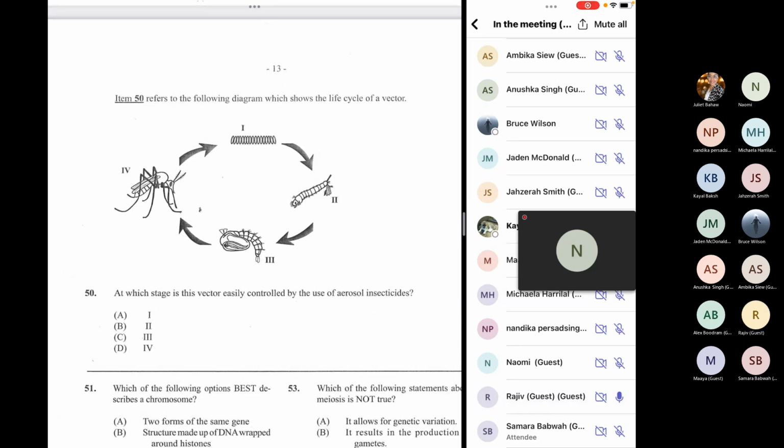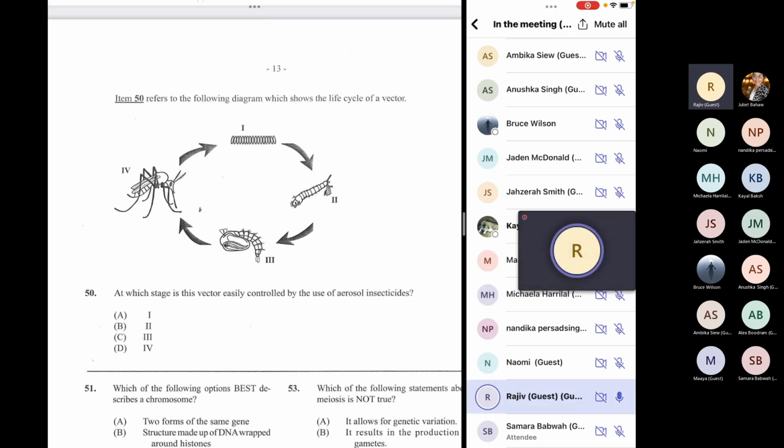Hello? 50. Okay. At which stage is this vector easily controlled by the use of aerosol and insecticides? Aerosol, right? So that's in the air. I'll give that D4. Very good, the adult. All right.